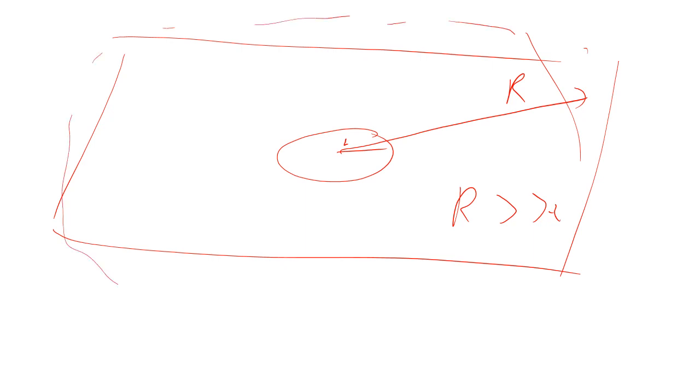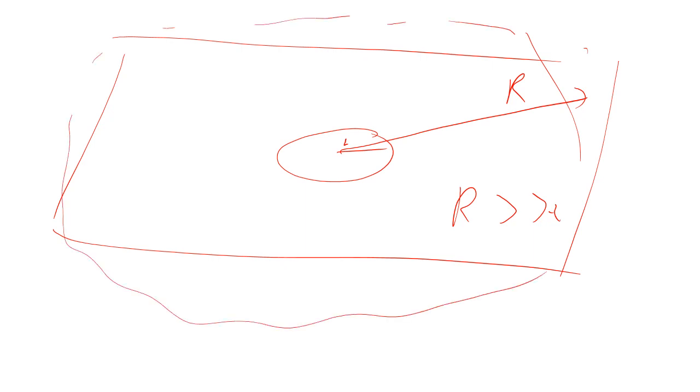Now, the other thing, I talked about this as a disk. What if it was a giant square sheet or rectangular sheet? Well, if you're really far away, so if r is much, much greater than z, then it doesn't really matter what the edges of it look like.